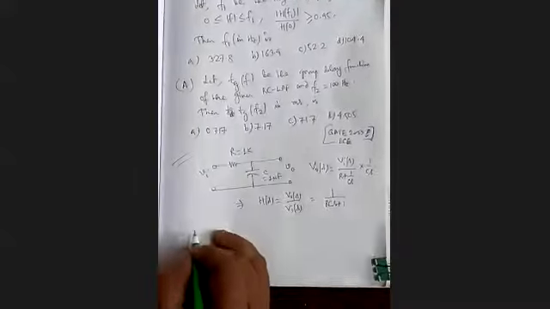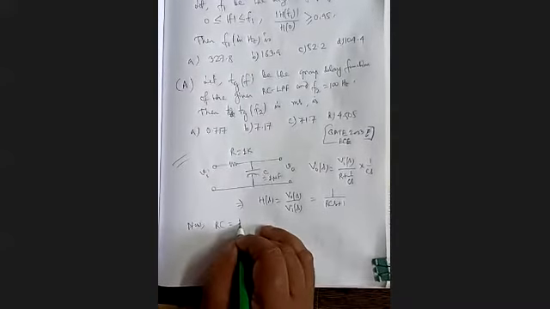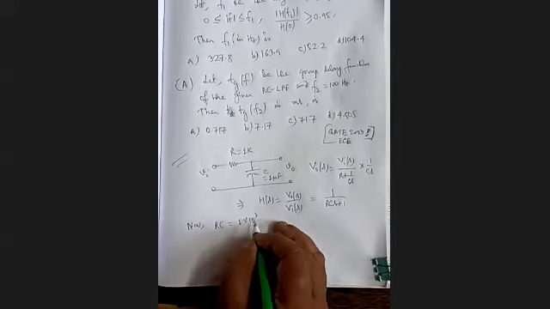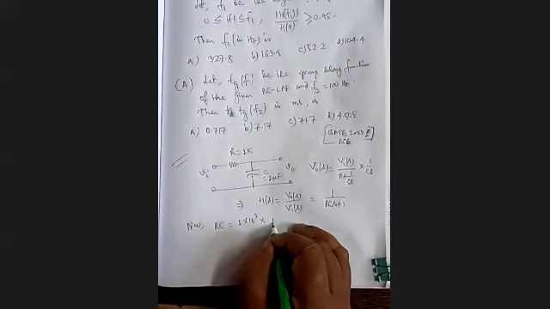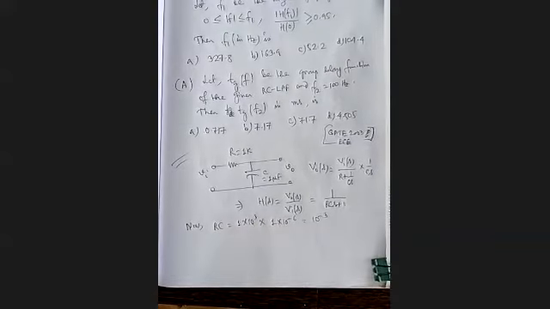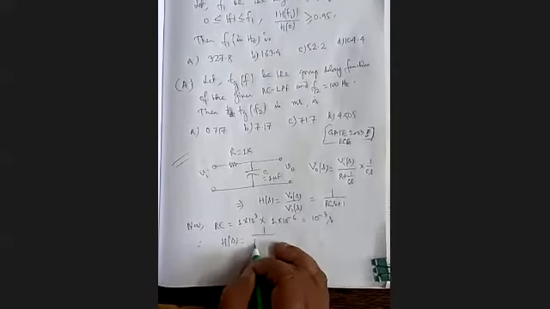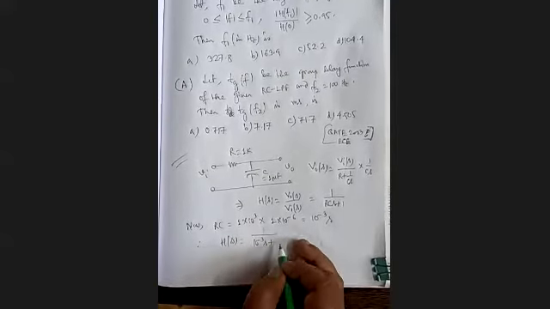Now what is our RC? Our RC equal to 1 into 10 to the power 3 and C is 1 into 10 to the power minus 6. So it is 10 to the power minus 3 second, time constant. Therefore our H(S) is what? 1 by 10 to the power minus 3 S plus 1.